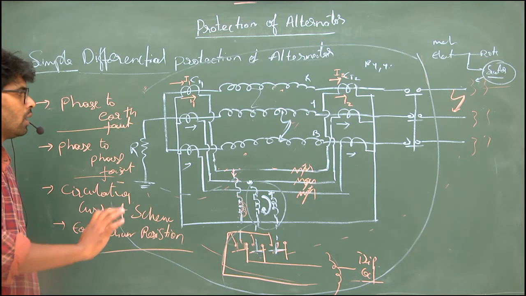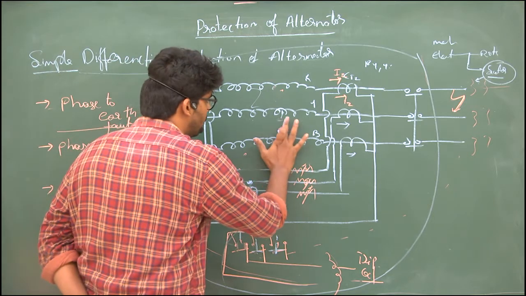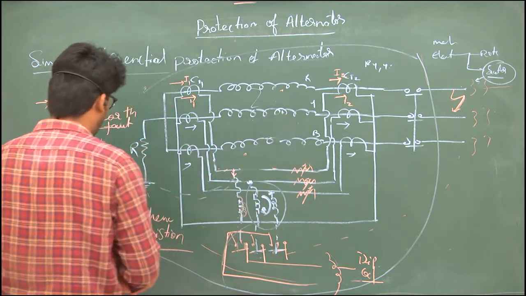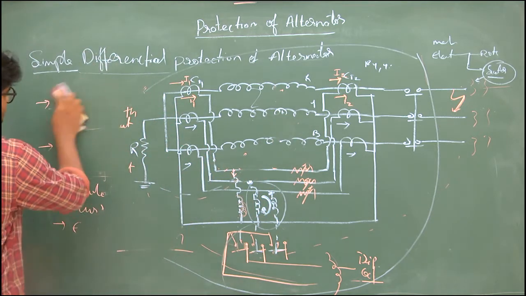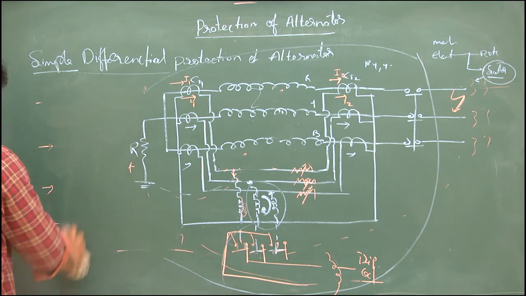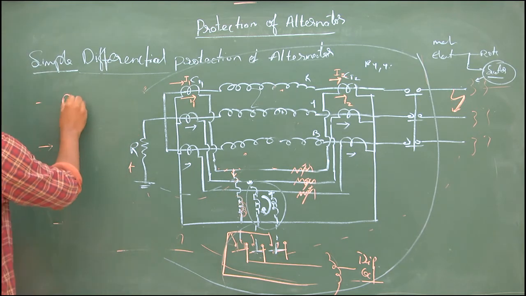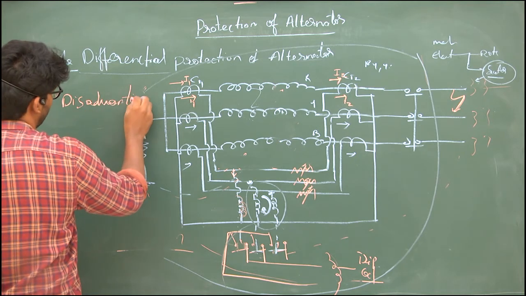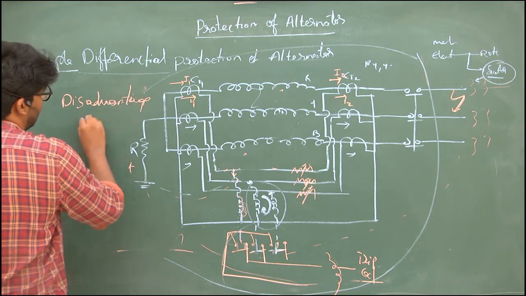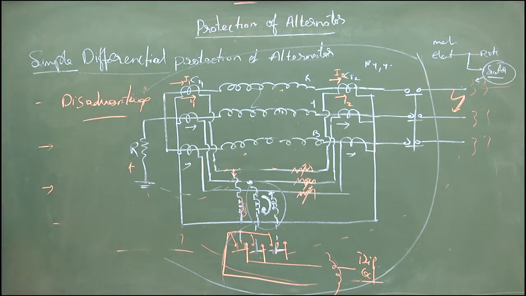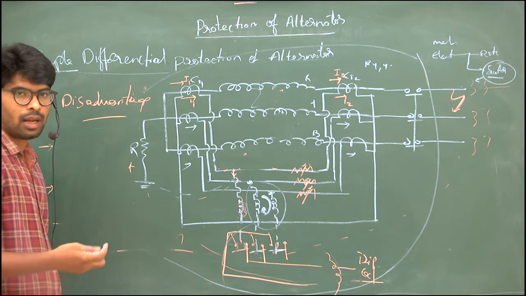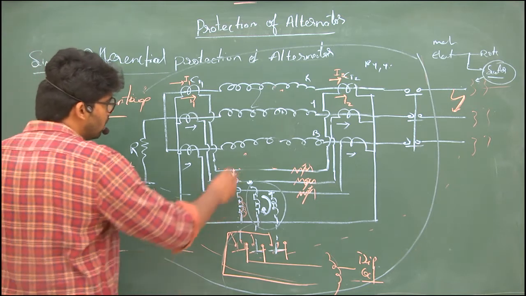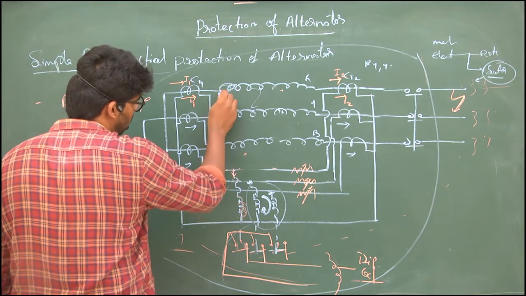But even so, this has a main disadvantage. The disadvantage of this differential protection relay is that it cannot sense a fault that occurs near the ground end of the coil.